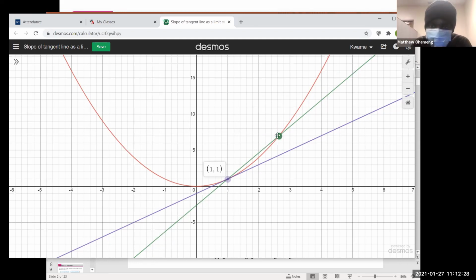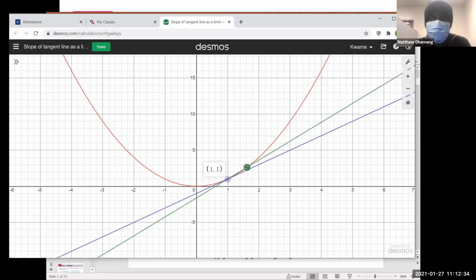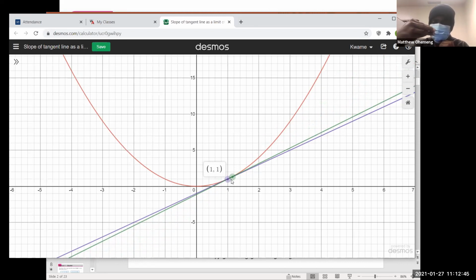You see? As I get closer, that means the slopes are getting closer. They are almost the same. At some point, it's almost on it, so their slopes are quite close. That is doing it from the right.